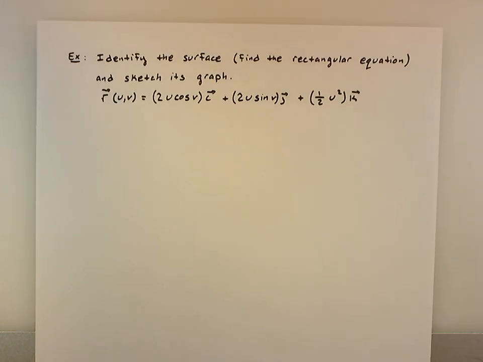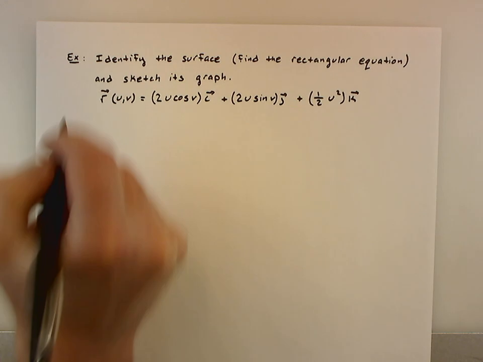So first example, identify the surface and find the rectangular equation and then sketch its graph. Given r of uv is equal to 2u cosine v i plus 2u sine v j plus 1/2 u squared k.